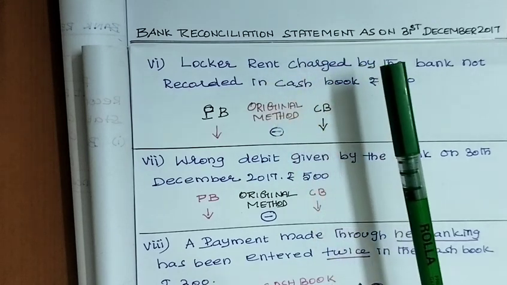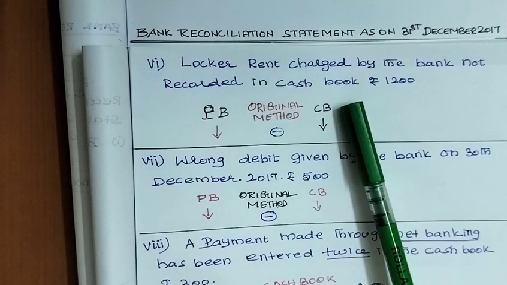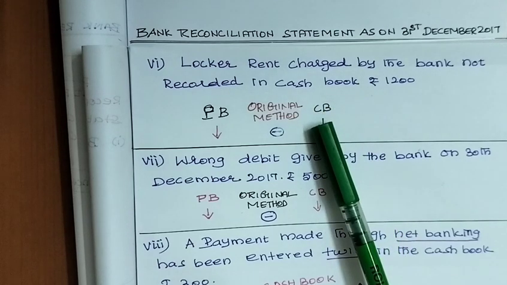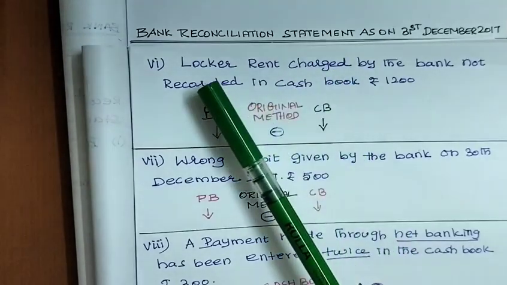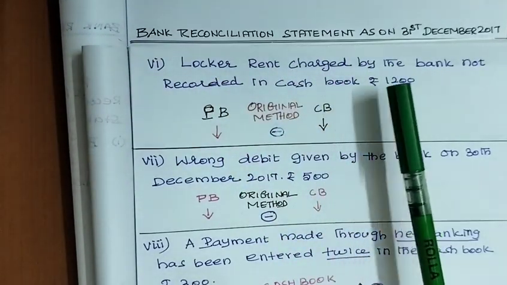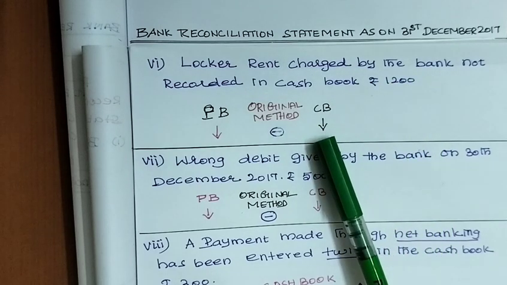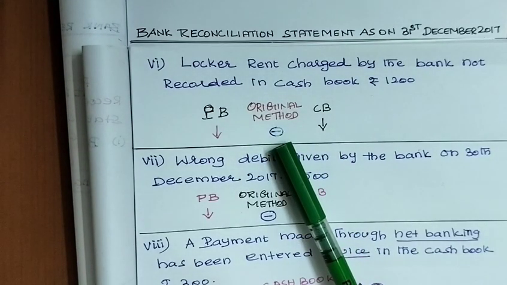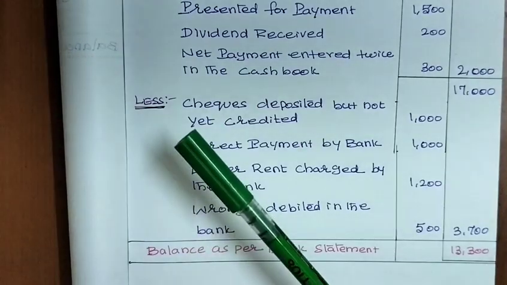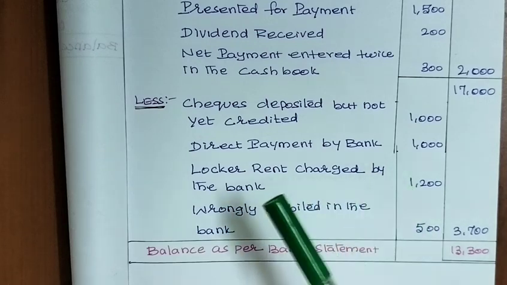Only after receiving the bank statement does he come to know that the bank charged the locker rent, 1200 rupees. After that only the cash book will be decreased. So this transaction will be subtracted. In the subtracted column, you have to write locker rent charged by the bank, 1200.